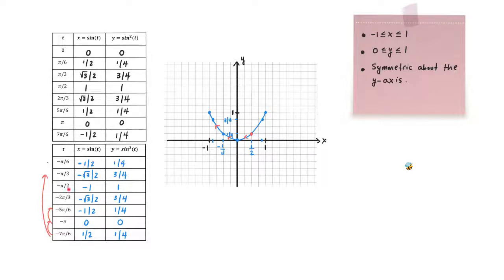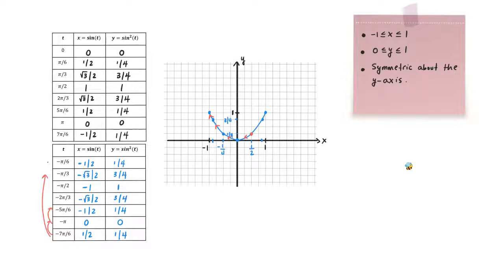And then when I move to -π/2, the point becomes (-1, 1). So we are right here at the very top. So this bug continued to move in that direction. Let me try a few more t values. I want to really be sure about the direction of motion here.